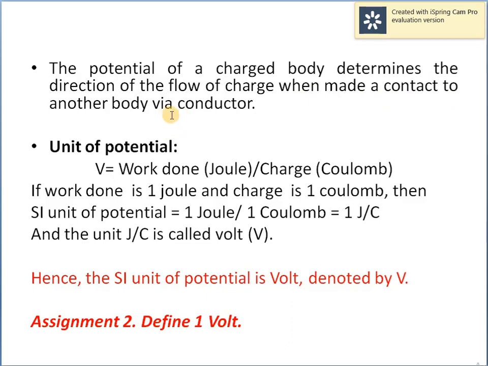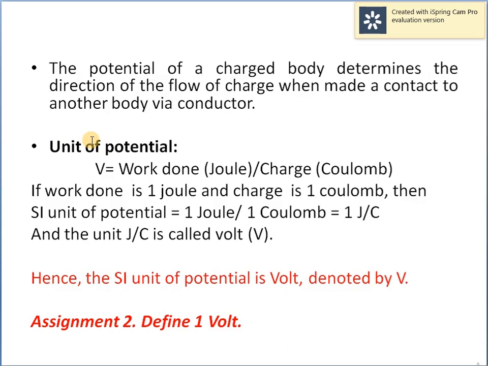Whenever we connect two bodies at different potentials by a metallic wire or a conductor, the direction of the flow of charge totally depends upon the potential of the two bodies. That means the charge will flow from the higher potential to the lower potential.